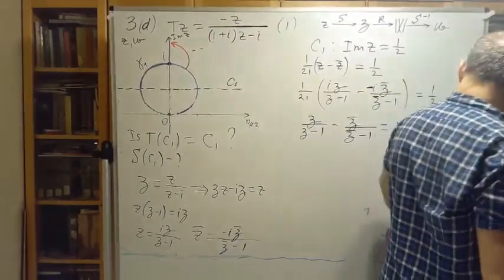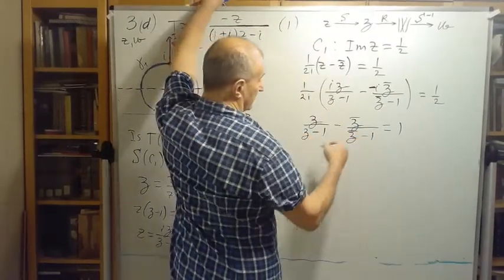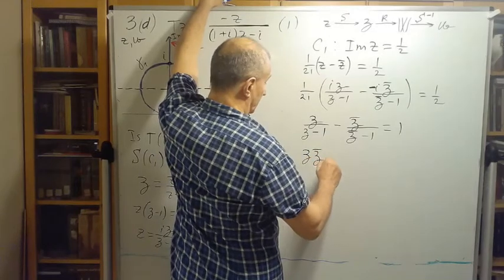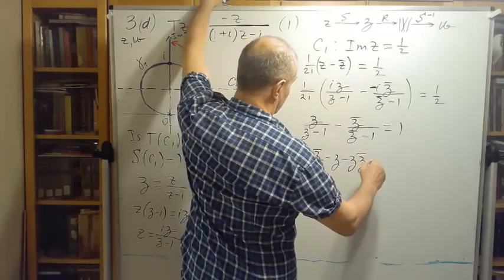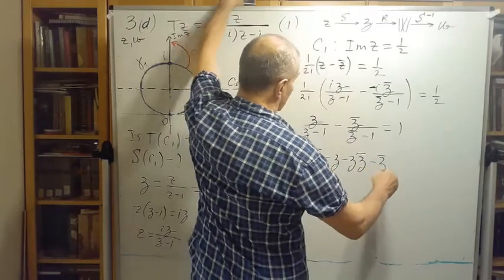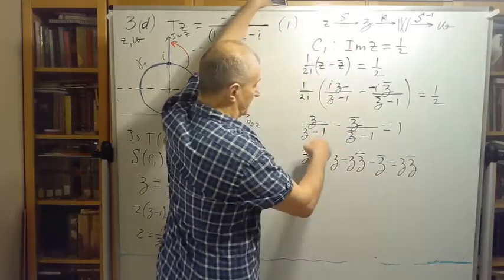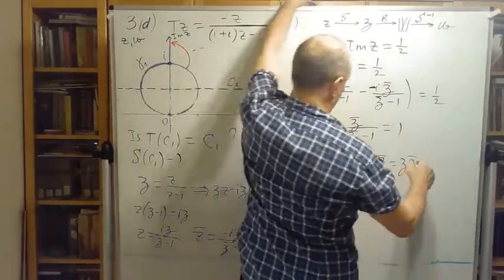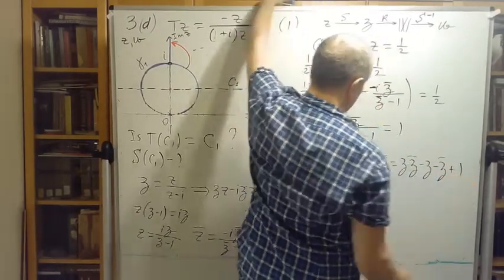So, not much wrong here. Multiply by w minus 1, w conjugate minus 1. It will be w times w conjugate minus 1, minus w conjugate times w minus 1, equals w minus 1 times w conjugate minus 1, which is w w conjugate minus w minus w conjugate plus 1.